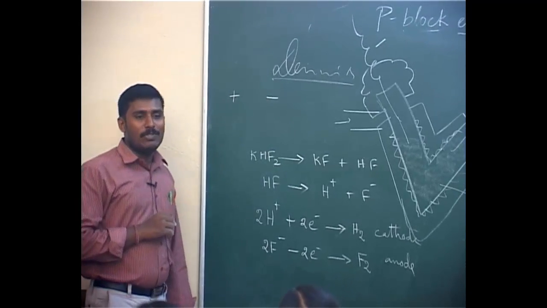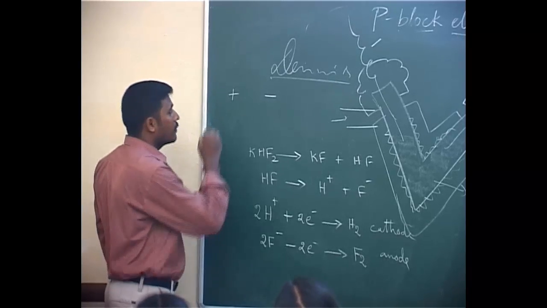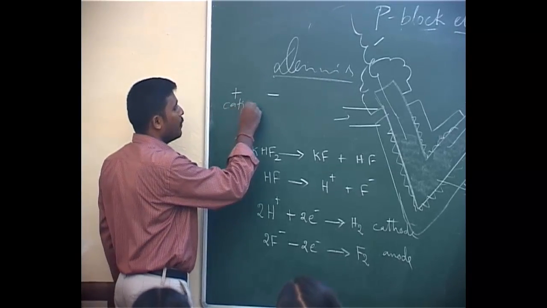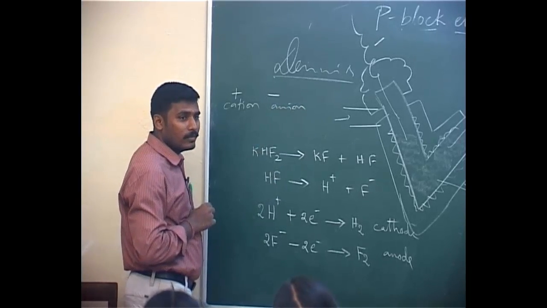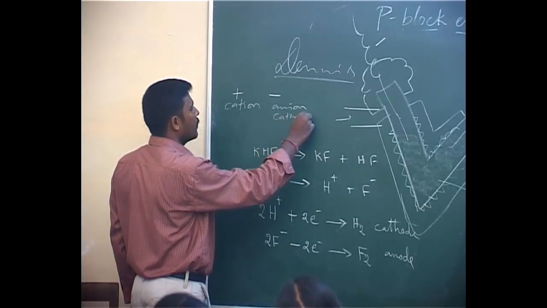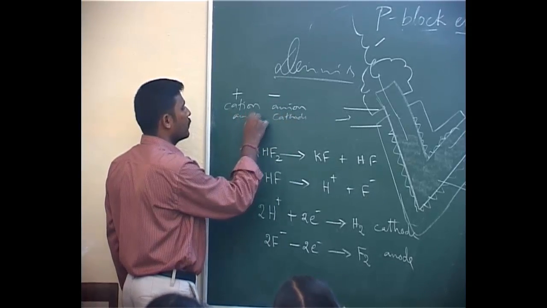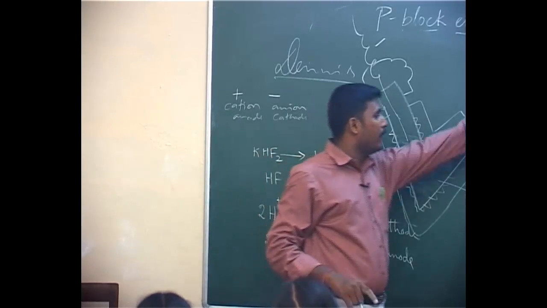Which one is cation and which one is anion? Plus is cation. Minus is? What is cathode? What is anode? Okay. So now fluorine is liberated where? In anode.